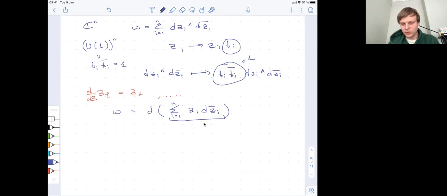So if you take the vector fields generated by this action and insert them into the symplectic form, you will find that each time the result is the following.